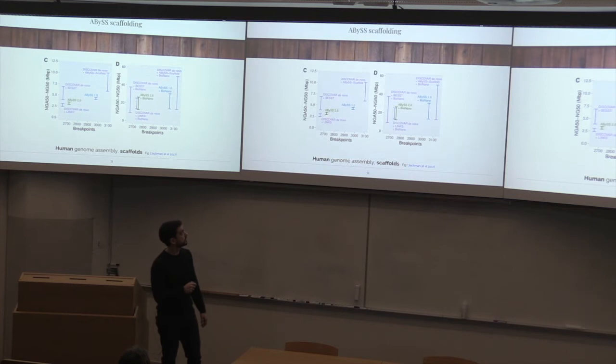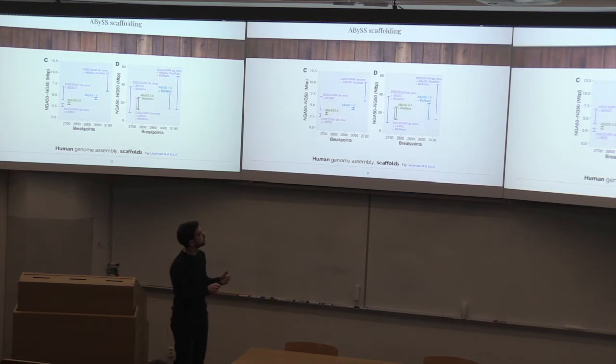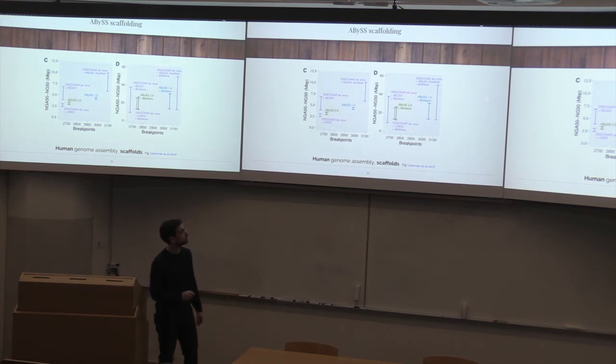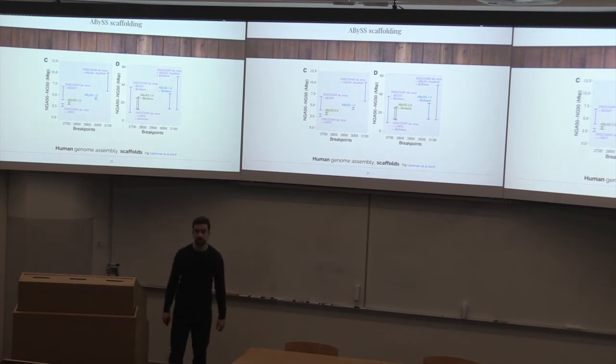They've taken a BS like without any type of long-range improvement, and if you improve it using BioNano or 10x, I think it's Links here, BioNano here for instance, you can see that the N50 jumps from 2.5 megs to 20 megs. So a nice improvement of contiguity at the cost of not so many more mistakes being made.